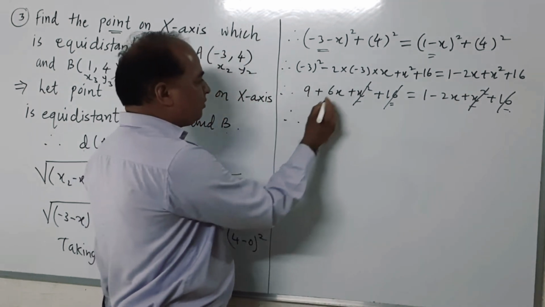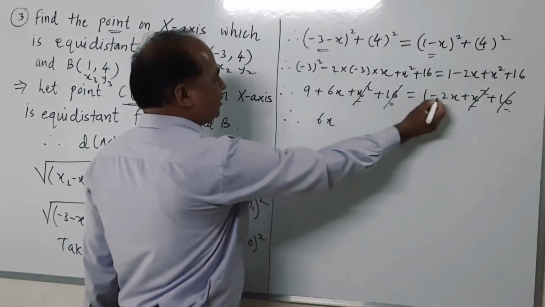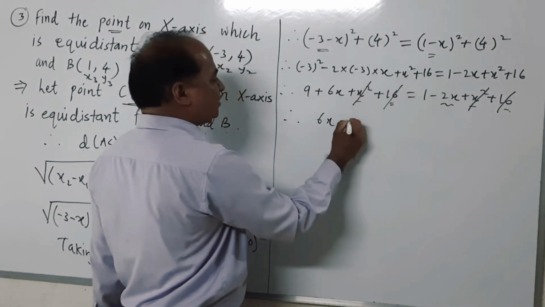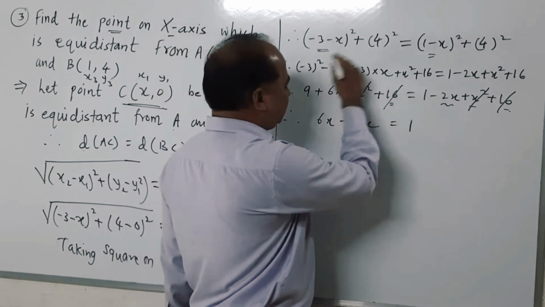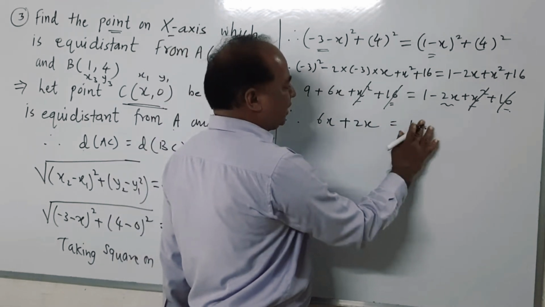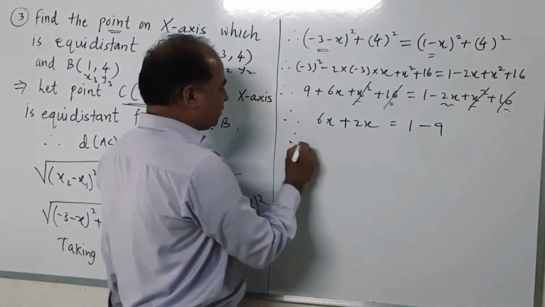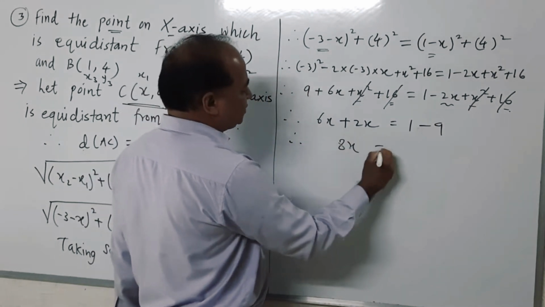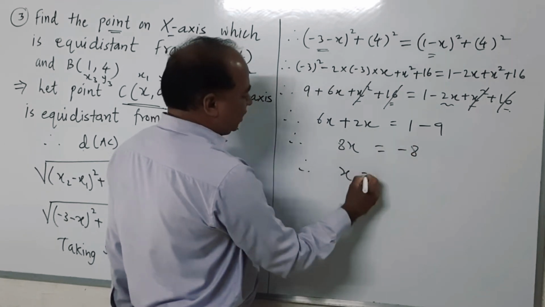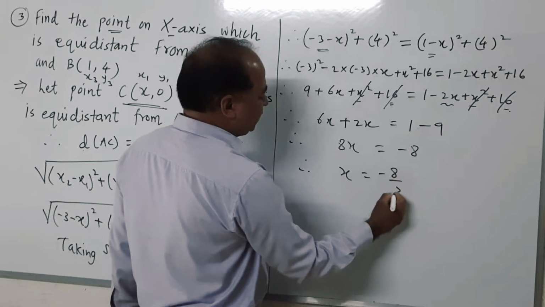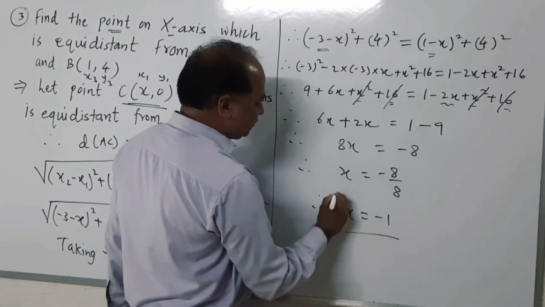Now take the variable on one side: minus 2x comes to the left-hand side and becomes plus 2x, and plus 9 goes to the right-hand side and becomes minus 9. Therefore 6x plus 2x is 8x, which is equal to 1 minus 9, that is minus 8. Therefore x is equal to minus 8 divided by 8, so x is equal to minus 1.